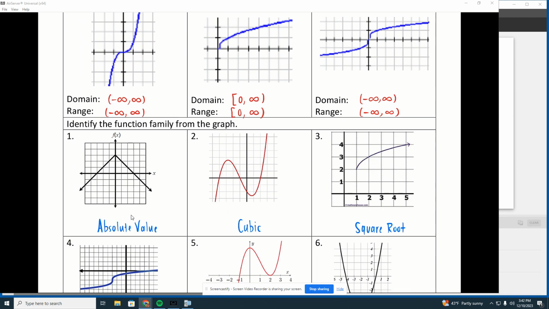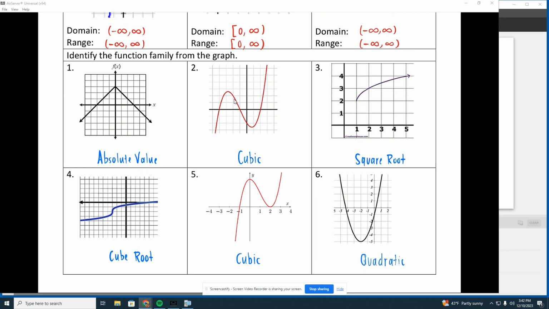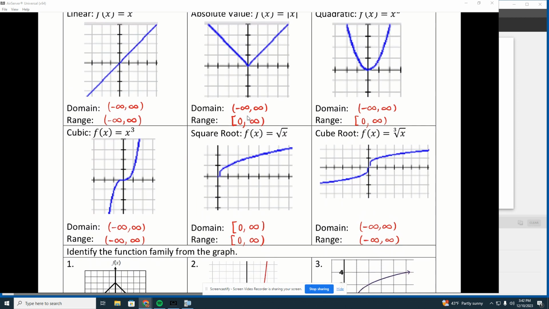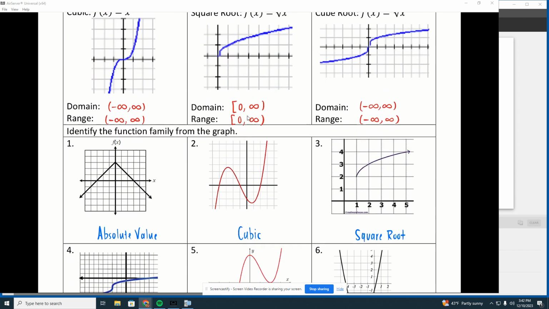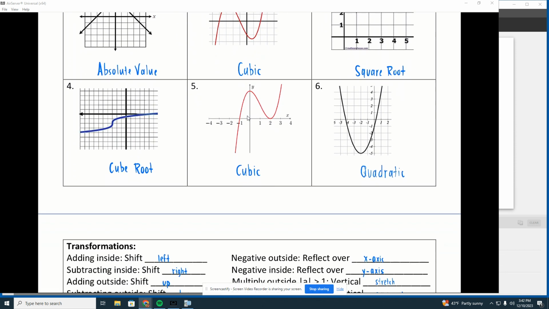But 2 and 5 are both cubic because you can tell the shape, how they do kind of have that same move. But because of the different transformations that those graphs have had, it makes that transition a little more pronounced than the original when there's nothing that's been done to it. So that's why 2 and 5 look a little bit different, but they are both cubic.